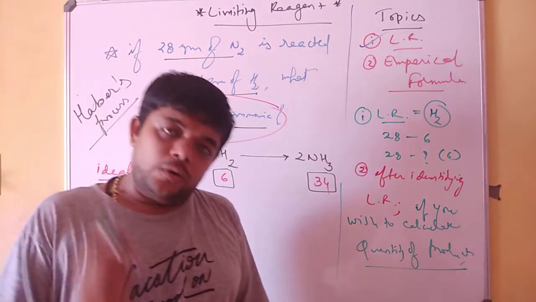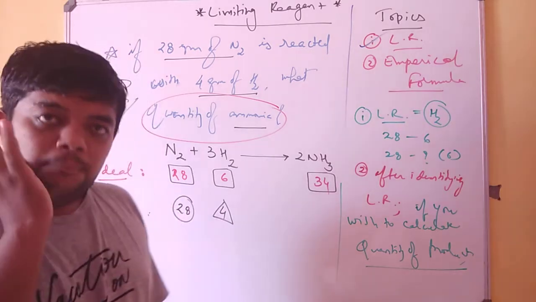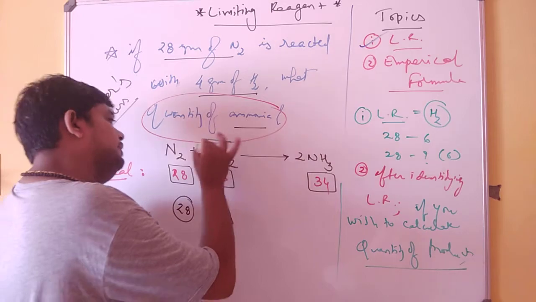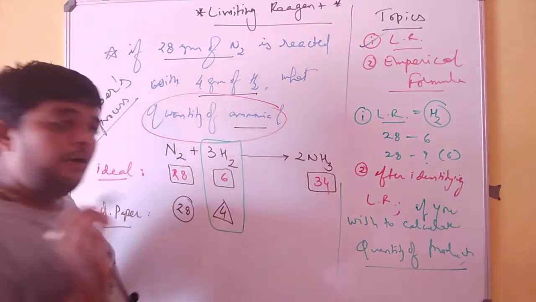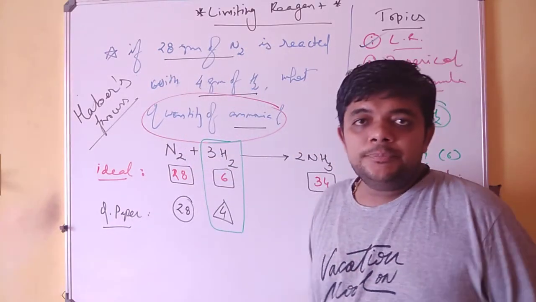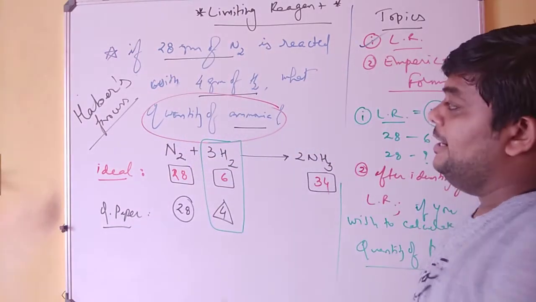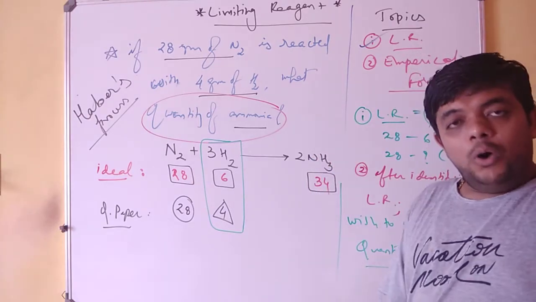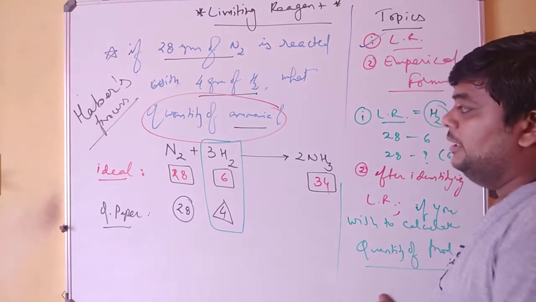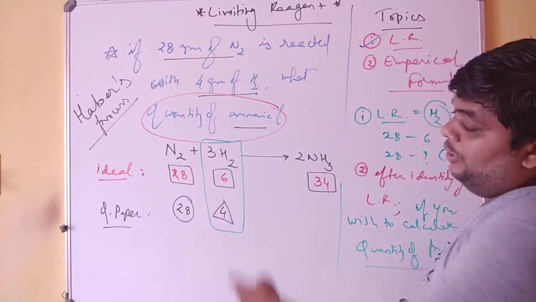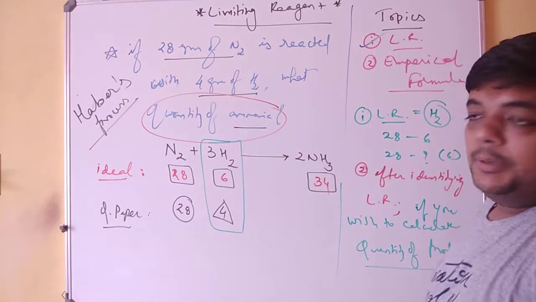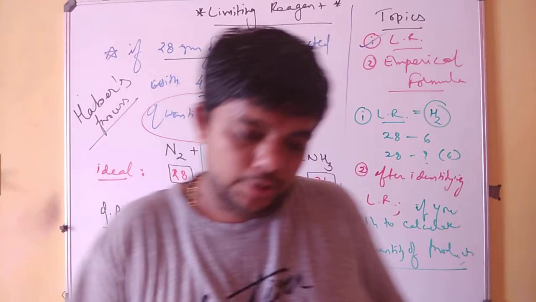Always make a cross multiplication between the idealistic value and the given value of the limiting reagent with the product. Again, after identifying the limiting reagent, if you are interested in finding the quantity of the product, always make a cross multiplication calculation between the quantity values of the limiting reagent, both idealistic and given in the question paper, with your product quantity.